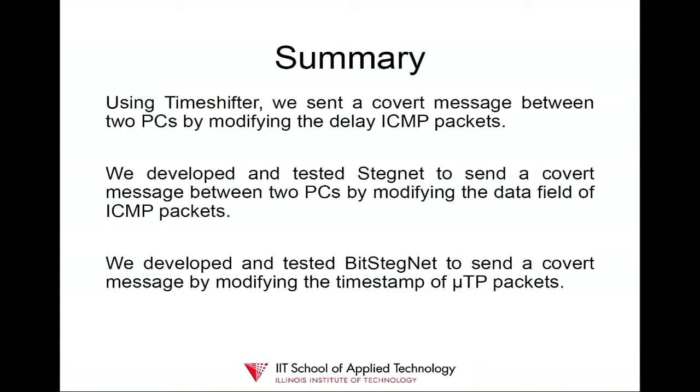So in summary, we started last fall utilizing Timeshifter to send a covert message by modifying the delay of ICMP packets from one terminal to another. We moved on, modified Timeshifter, and developed Stegnet in order to pass that same covert information in a point-to-point environment, no longer in the same station on terminals, by modifying the data field of these ICMP packets.